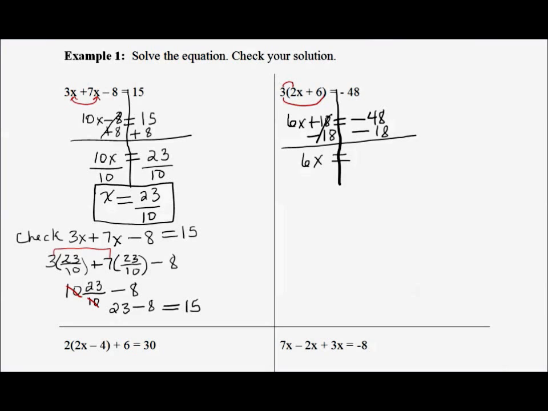Negative 48 minus 18 gives me a negative 66. Now I have 6x equals negative 66. I'm trying to get rid of the 6. Remember, your goal is to isolate the variable. 6's cancel out, bring down the x, equals negative 11.